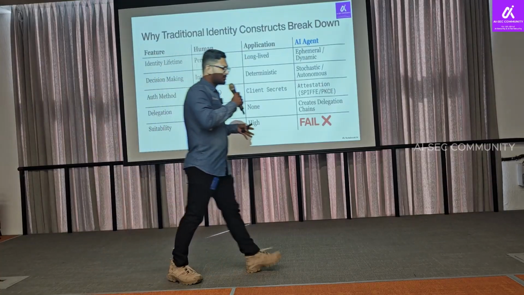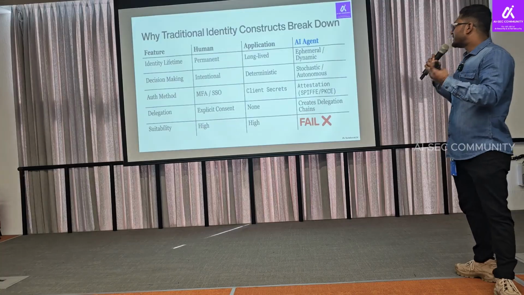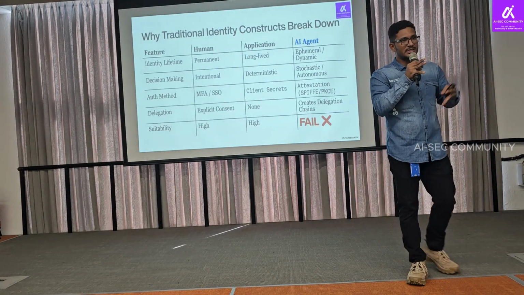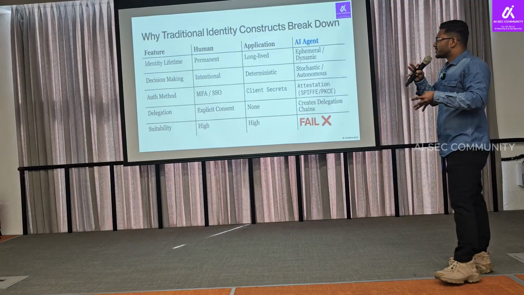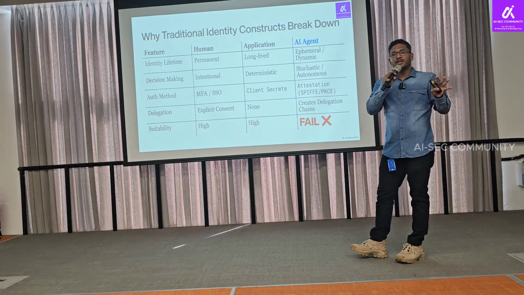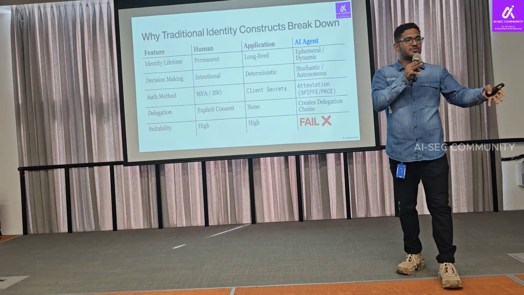Alright, so let's discuss why exactly this happens. Why do these traditional constructs break down in the agentic case? In a general scenario where a human is doing all of this, human identities are generally permanent. For example, you get an ID card that stays for you forever.